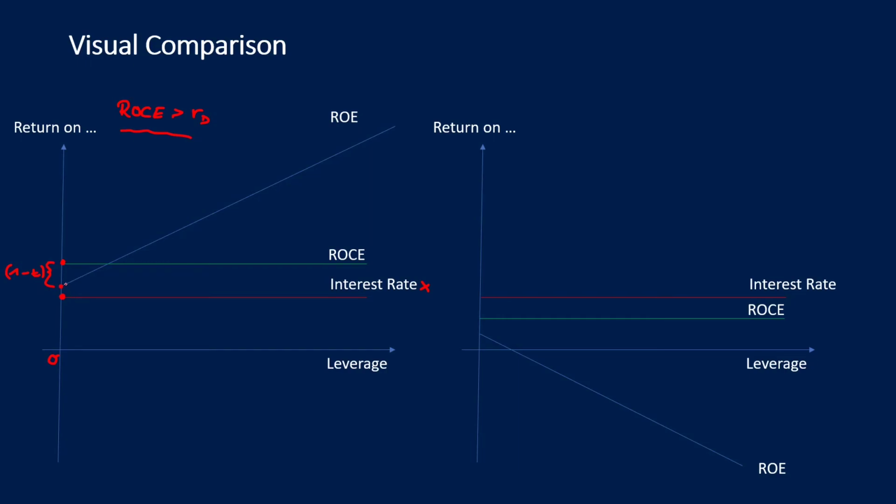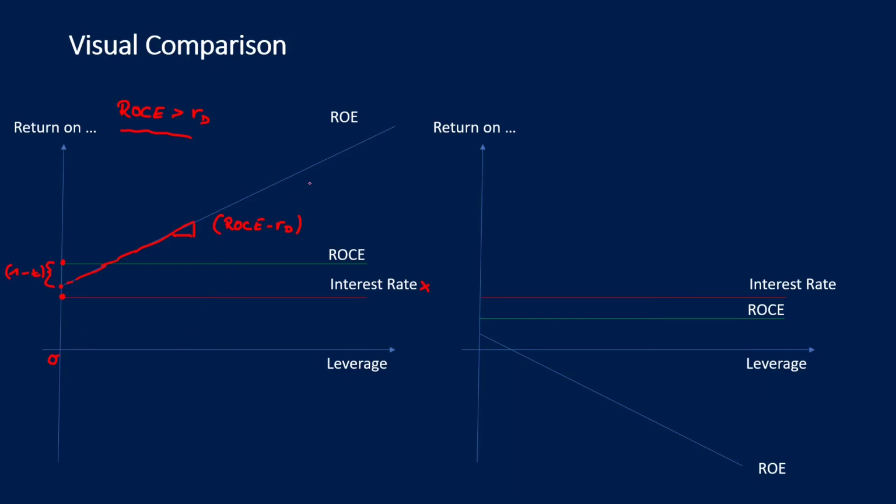Nevertheless, the return on equity rises with the slope ρ minus interest rate. So that's the slope of this curve, because the slope is then multiplied with the leverage and it's going up.